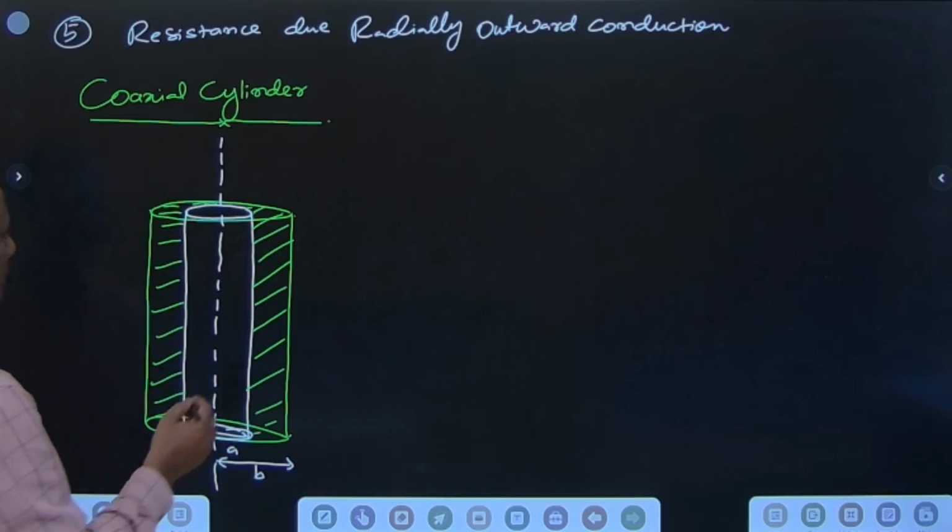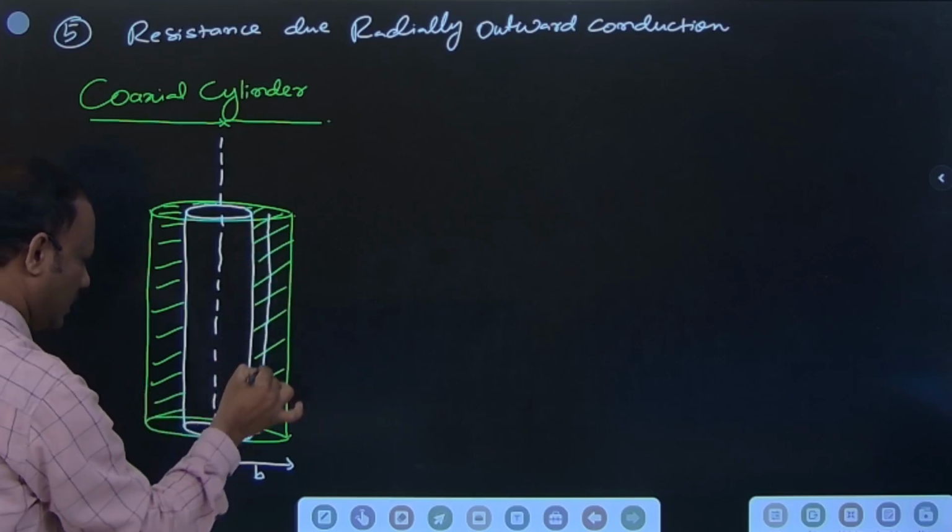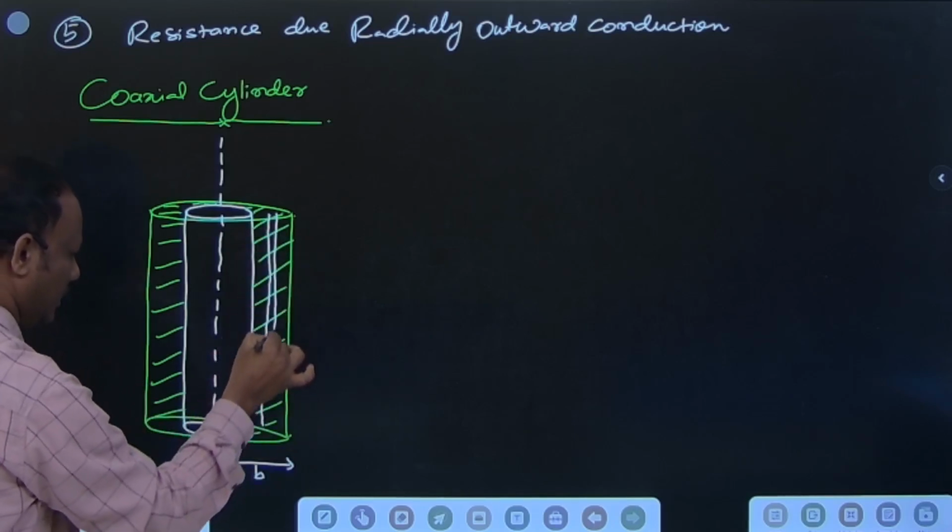For this situation, we need to choose a small cylindrical element.